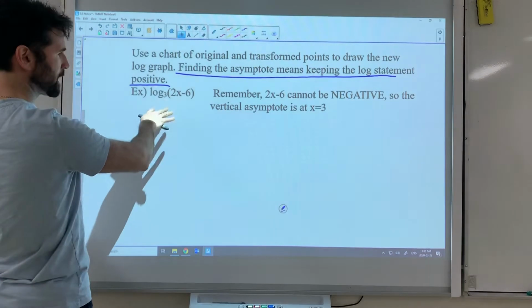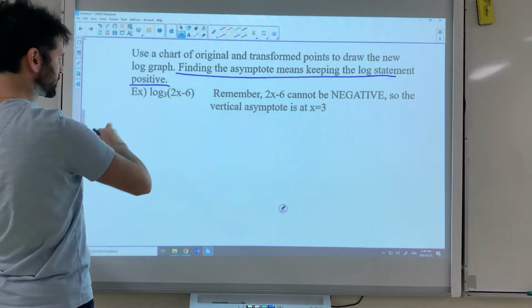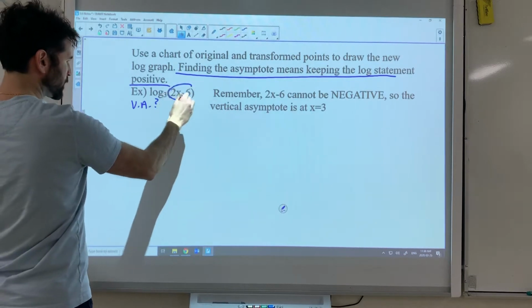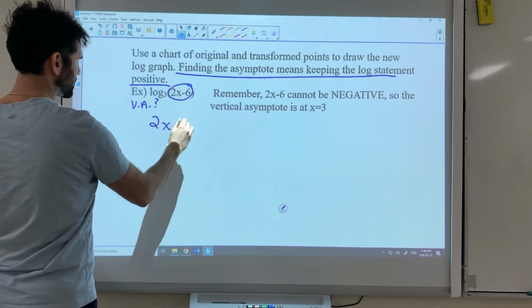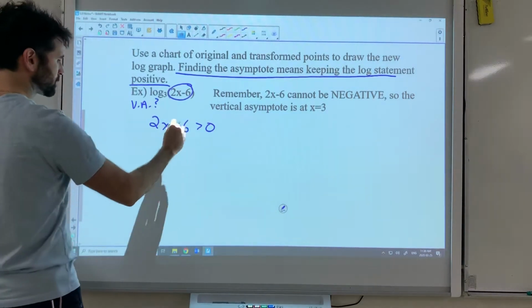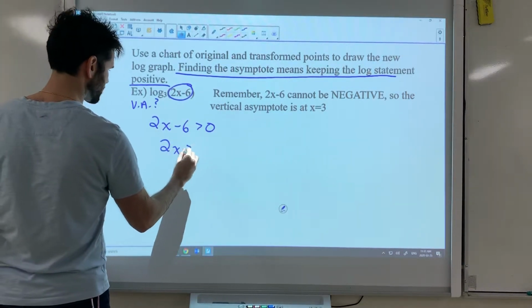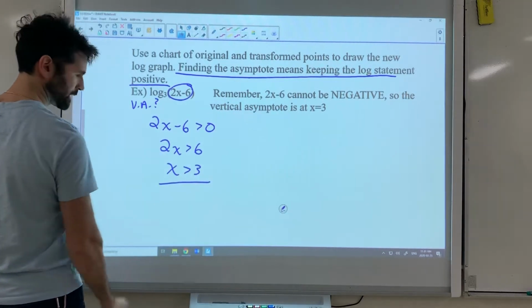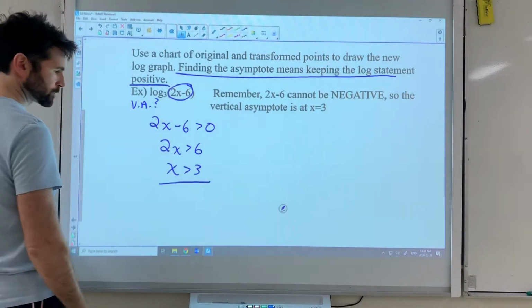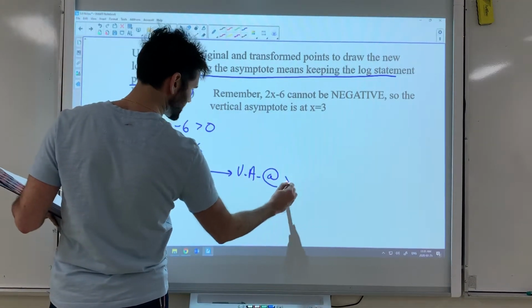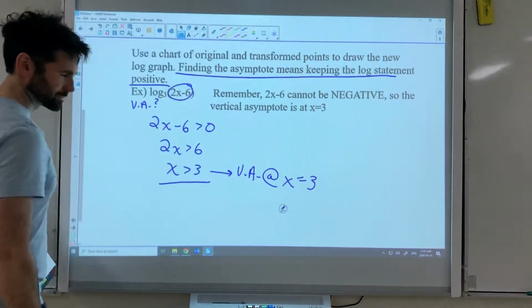Can you find the vertical asymptote for this one? Well, the argument has to be greater than 0. That'll help us find the vertical asymptote. So solve this inequality. Divide both sides by 2. And there it is. So x has to be greater than 3, which means that we have a vertical asymptote right at x equals 3. All right?